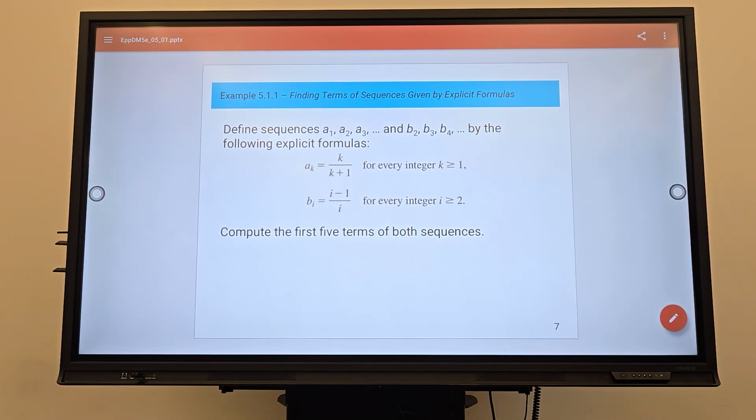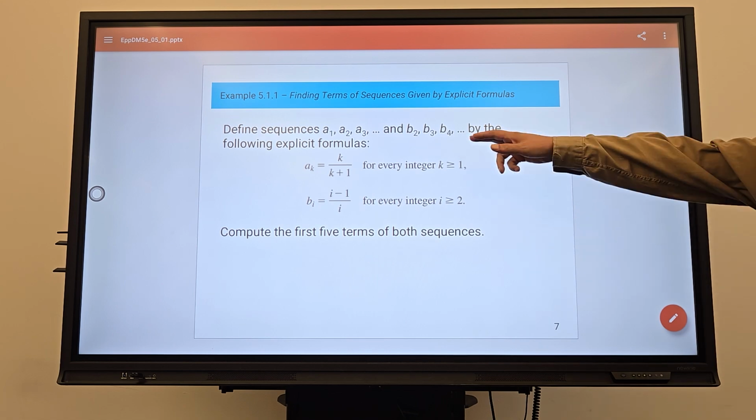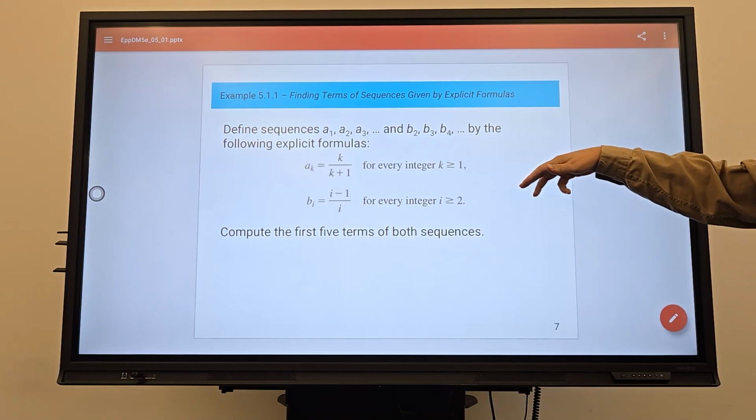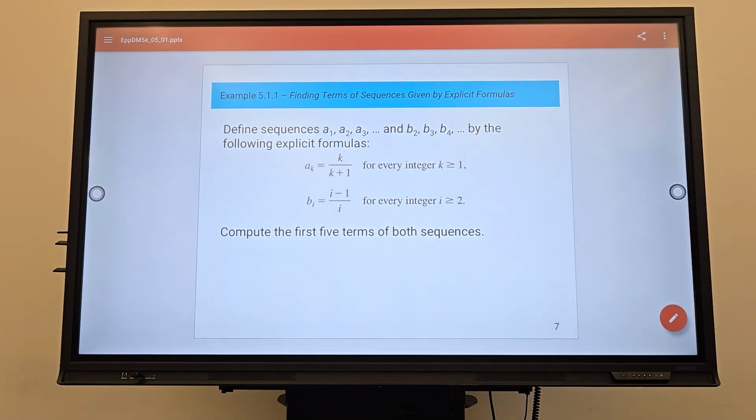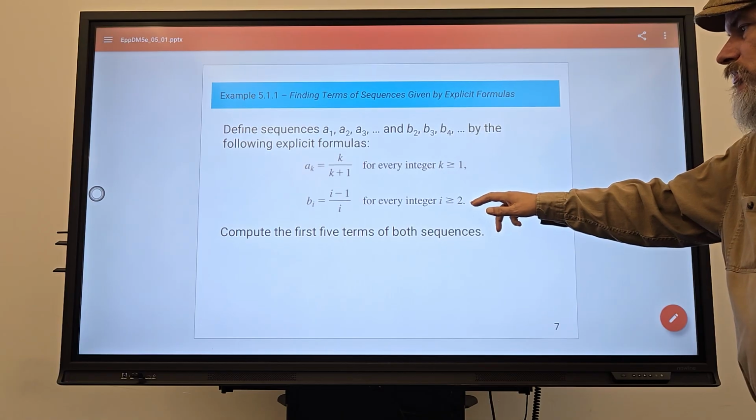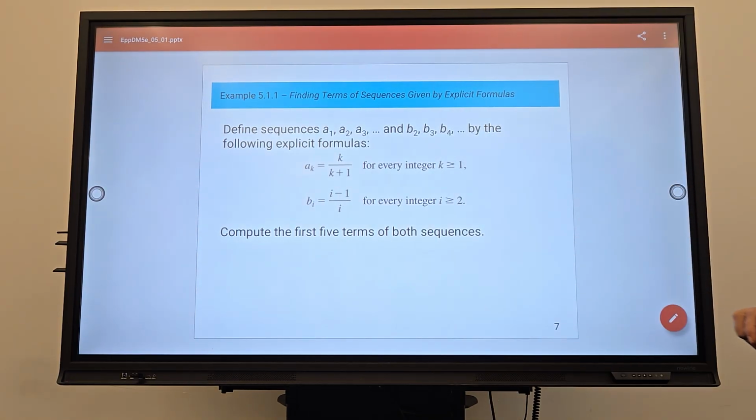Well, for A it would be 1 over 2, then 2 over 3, and so forth. Here for B it would be 1 over 2, 2 over 3, 3 over 4, and so on.